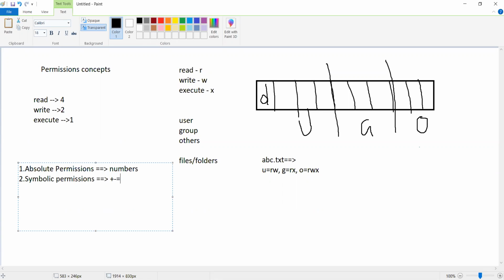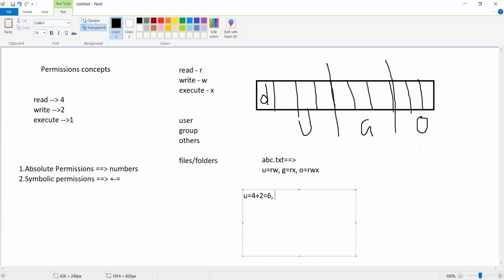So let's come back and check absolute and how to assign the permissions. I was mentioning user should have read write, group should have read execute, others should have read write execute privileges. So how would I calculate, guys? User equals read write. Read stands for the number 4, write stands for the number 2. 4 plus 2 is 6.